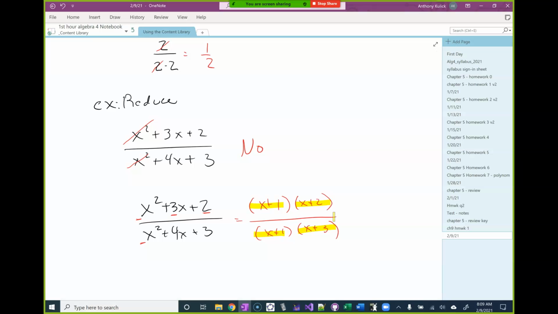Does it matter that there's addition and subtraction going on inside the parentheses? No. As long as all the parentheses are being multiplied together, I can think about them as discrete objects, right? Each parenthesis is like its own little thing. Everybody okay with that? So, if you look at the numerator and denominator, do you see anything in common?